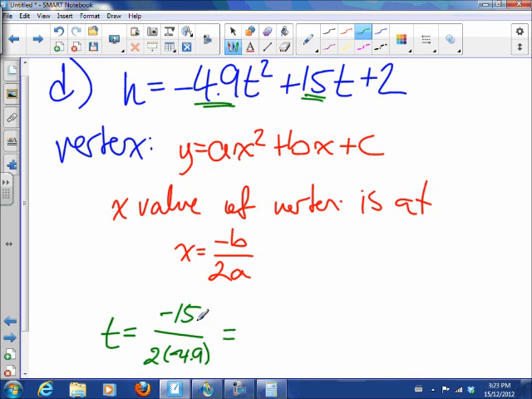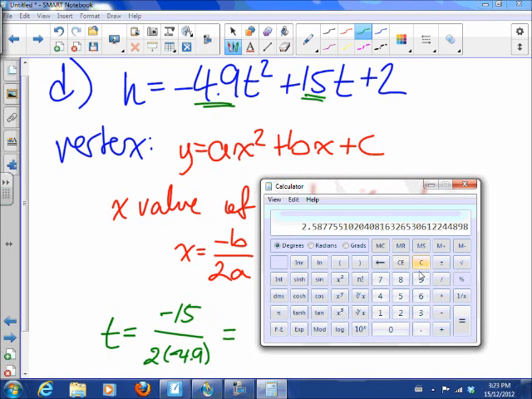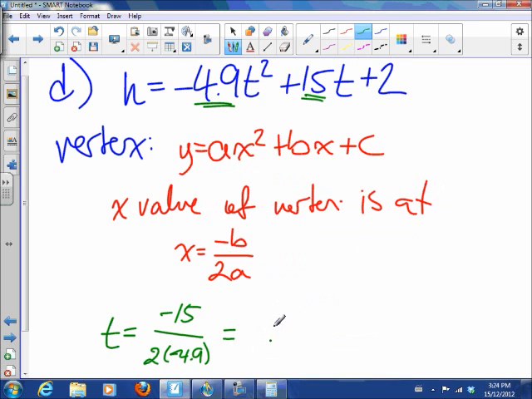Okay, so to actually figure that out, we can pull out our calculator and we can say negative b, so negative 15, divided by 2a. And it says 1.53. Okay?